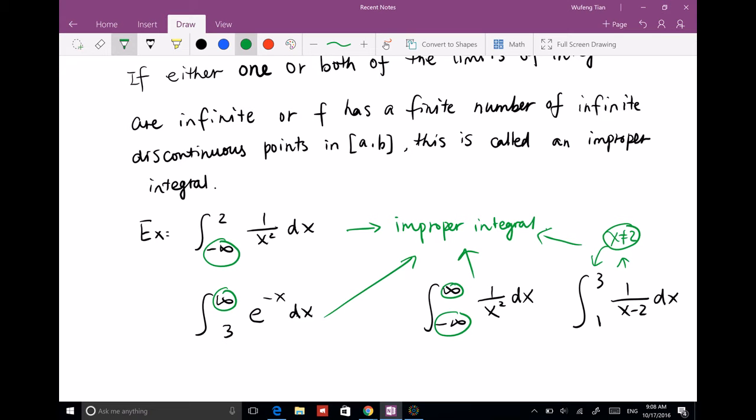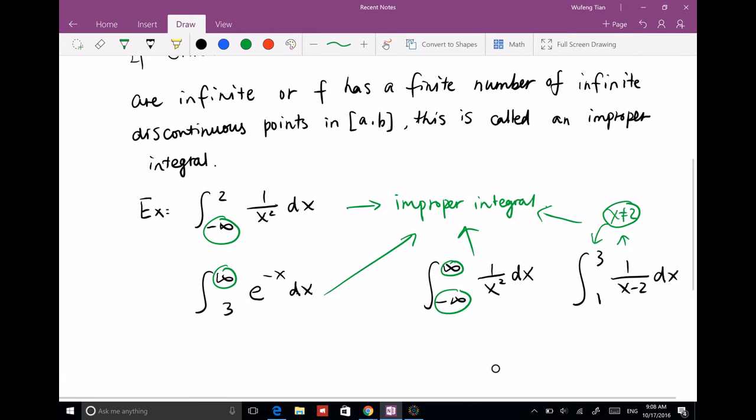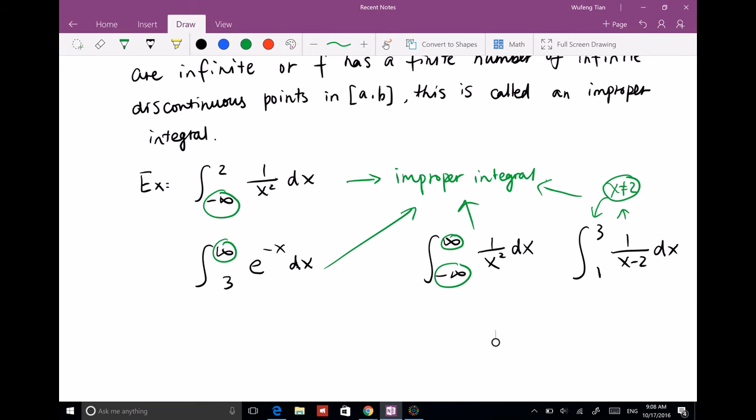So this is an improper integral. That makes sense, right? So we have to separate this integral. To find the value, do from 1 to 2, then from 2 to 3, like that. So this is an example of an improper integral.